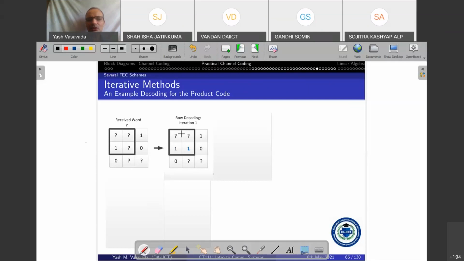When it is doing column by column, it is only looking at the column. Cannot put anything there. See, when it looks at the second column, there are 2 erasures. So it can't decode. So it will skip the second column. What about the third column? It will put 1 at the last.